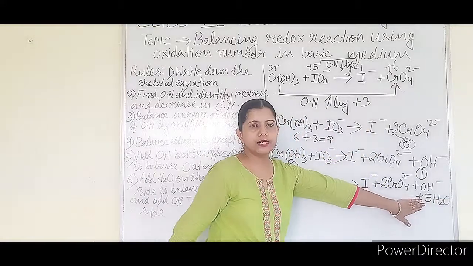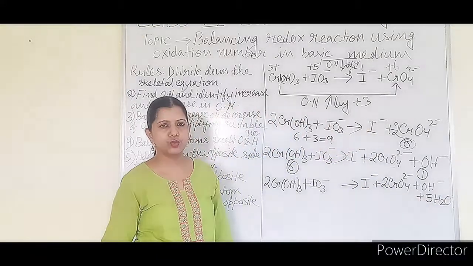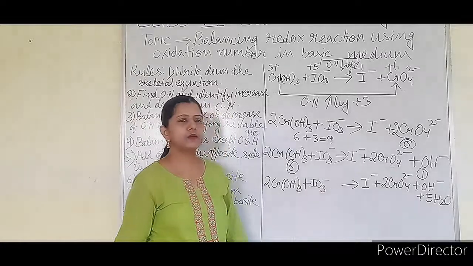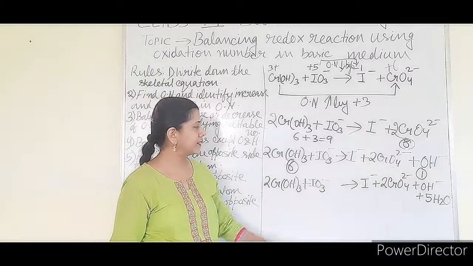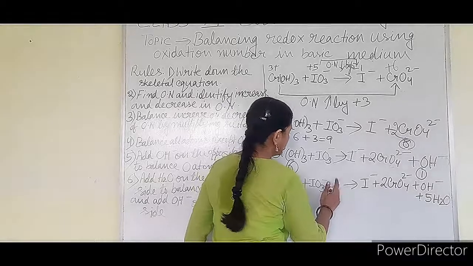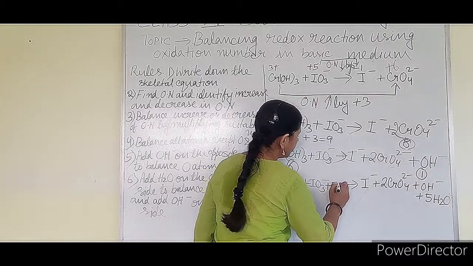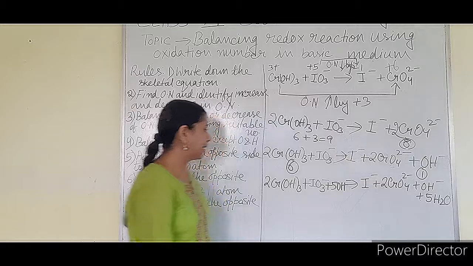This side is hydrogen deficient, so plus 5 H2O. At the same time, I am going to add 5 OH negative ions on this side.